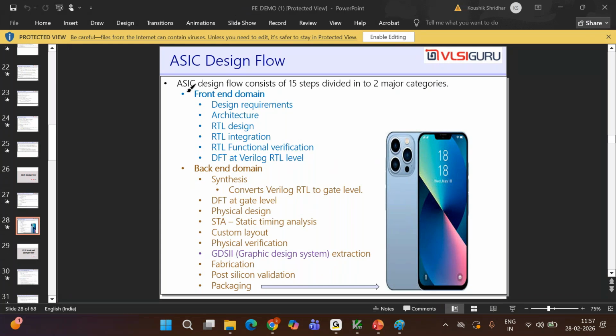Now, to choose front end, what skill set is required? Interest to learn, and interest to do the coding. These are two skill sets. For the backend domain, a lot of theoretical topics will be there, so you need to be open to learn theory. Front end is theory plus practical.